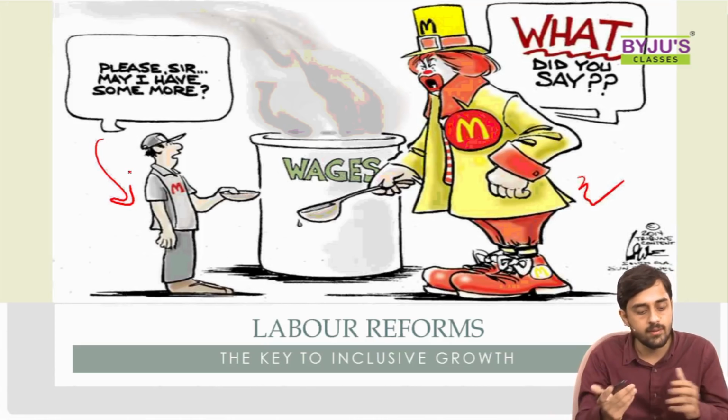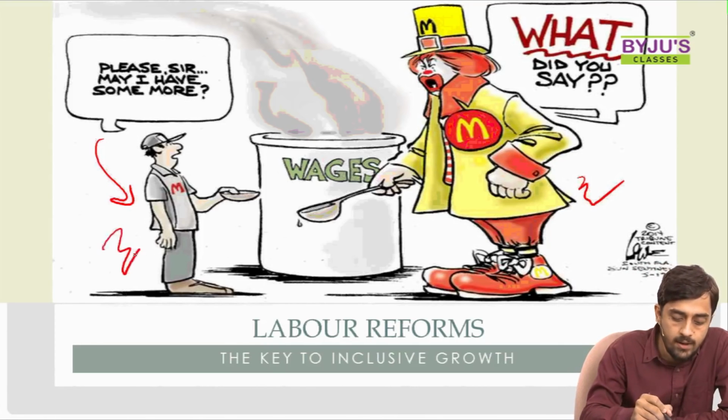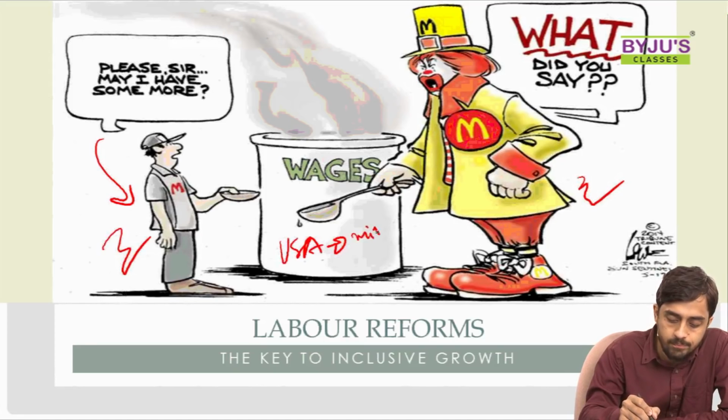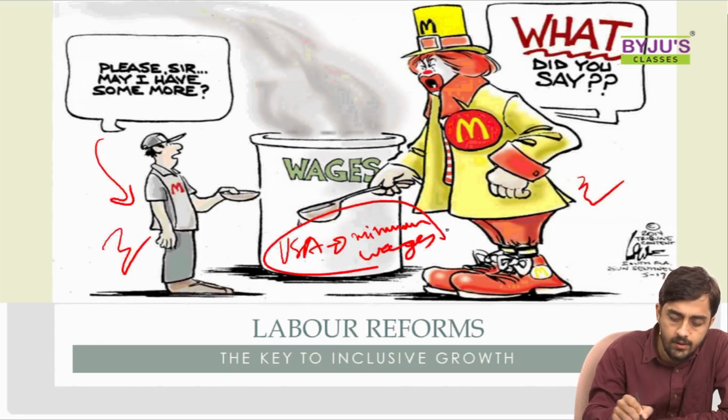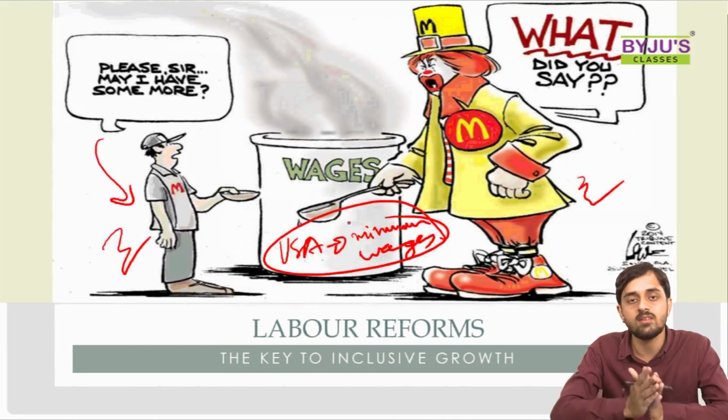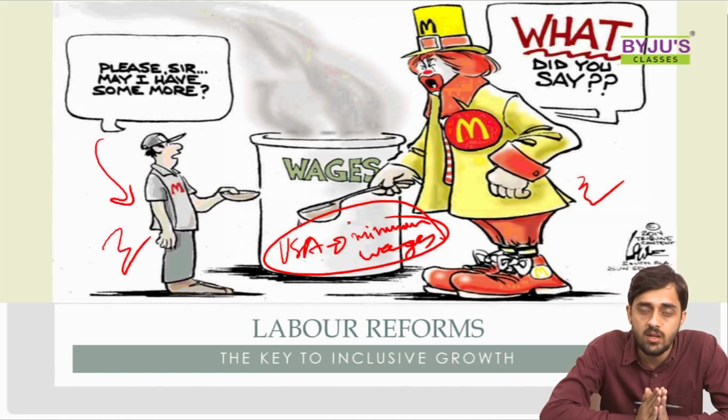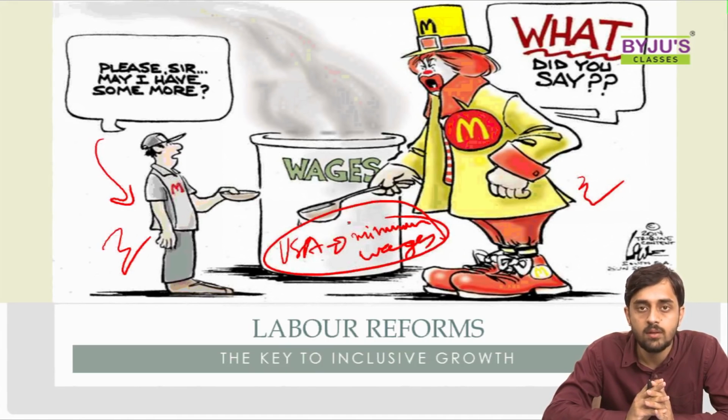That's the whole context in which this battle in the United States is being fought in terms of increasing the minimum wages. This example of the United States isn't very different from the condition in India today. The central issue of labor reforms in India has to be looked at through the angle of both the workers as well as the major business corporations.